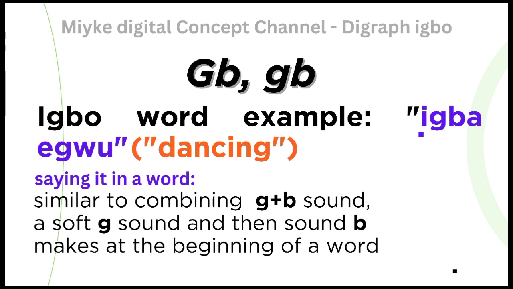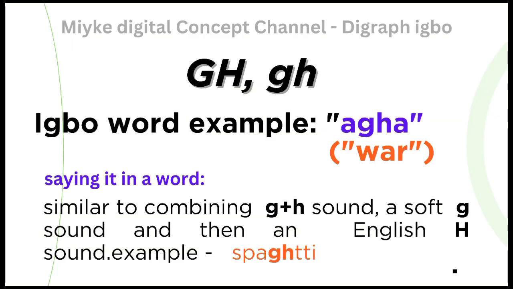So another one we are going to is GH. Re. That is, in Igbo, for example, Ara War. This as well can associate with two other letters, but in this example we just have one.